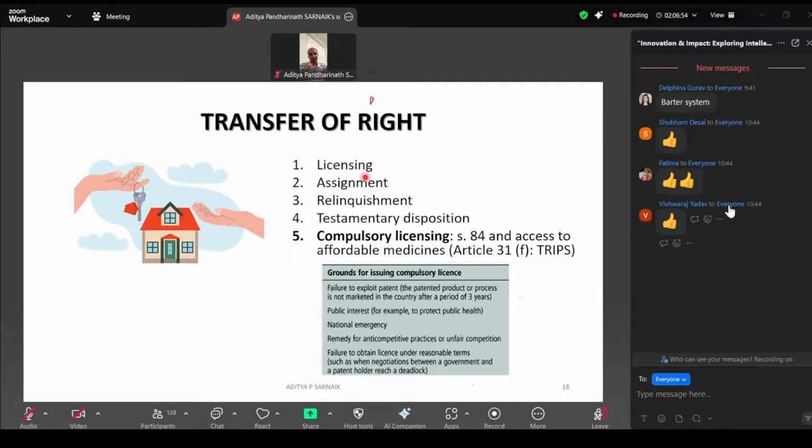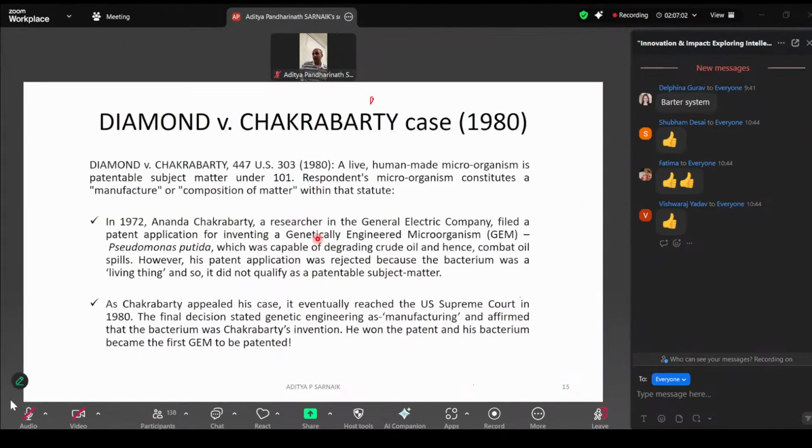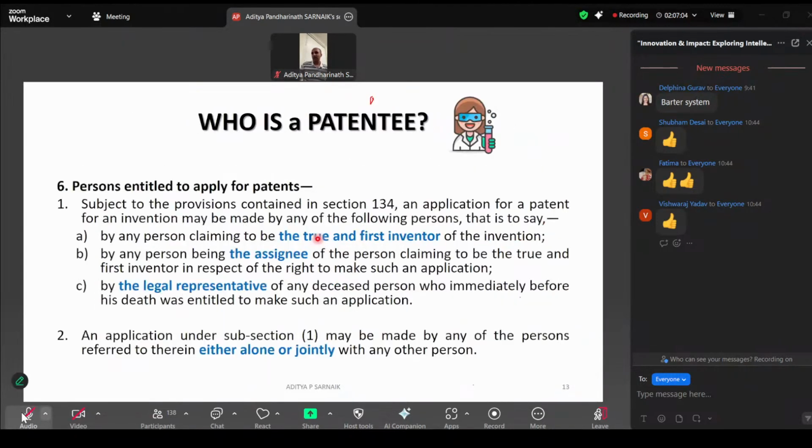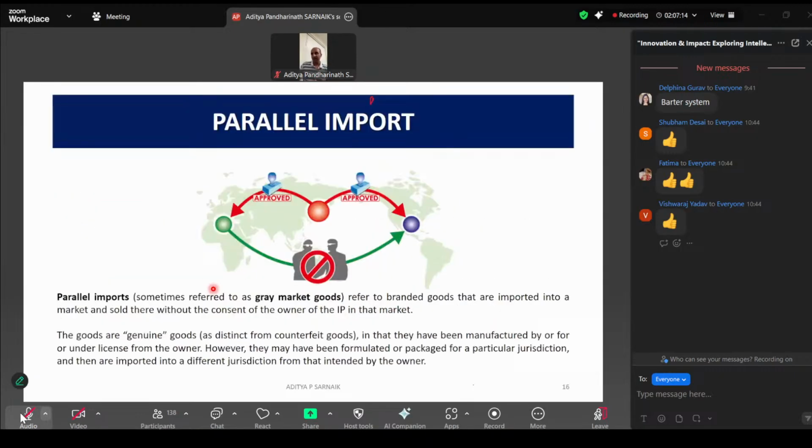That is why this section is very important, that the true or first inventor can get the patent, or the assignee or legal representative of the deceased person. So you understand the difference between assignment and licensing.